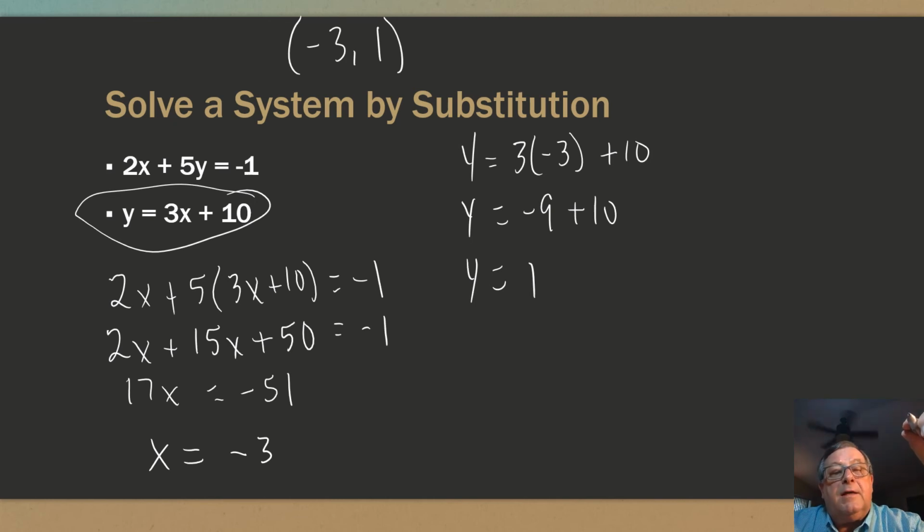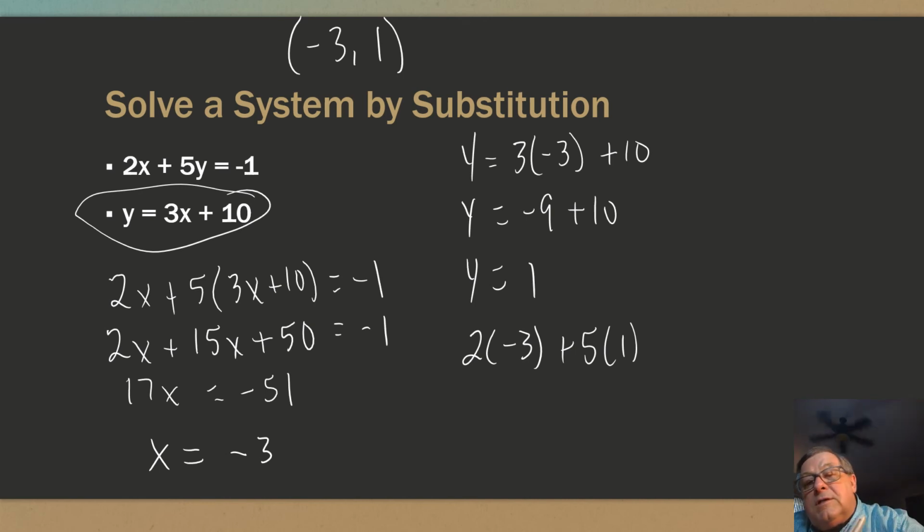Let's test this back into the first equation, substituting in -3 for x and 1 for y. How about that? 2 times -3 plus 5 times 1. We're going to see if that equals -1. 2 times -3 is -6. 5 times 1 is 5.